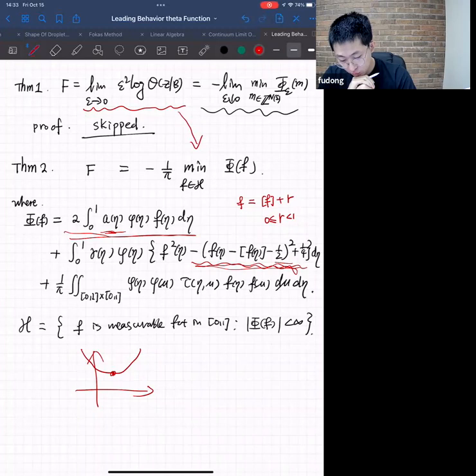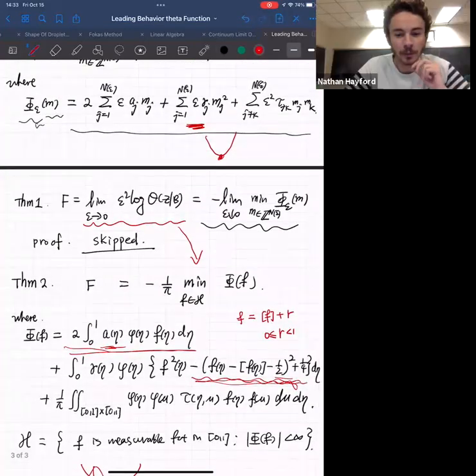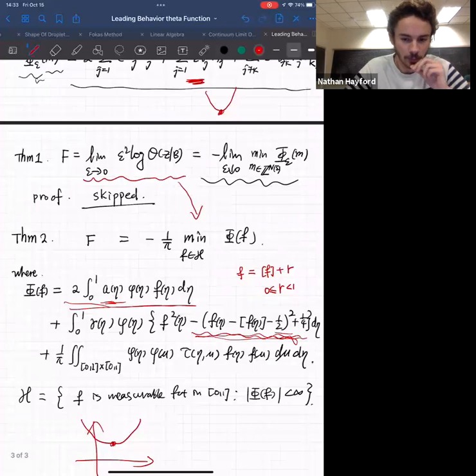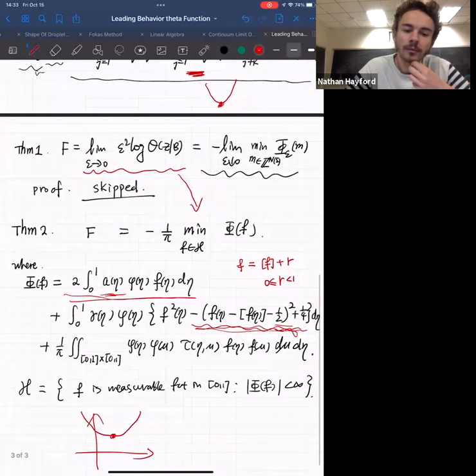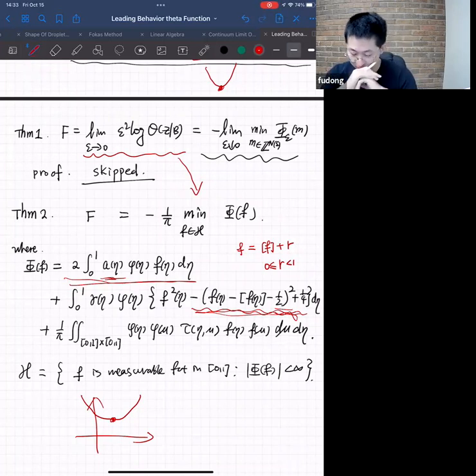Oh, wait. F equal to 0 gives me... Let me think. Without the squiggly part that you underlined, then no, 0 is not necessarily the minimizer. Hmm, so I don't know, there's some subtlety, I think. Wait, that should be the minimizer.